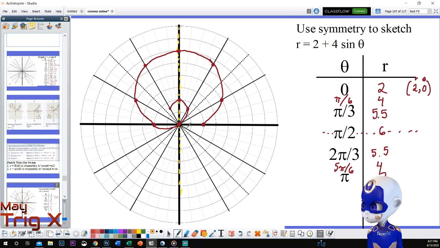Next we would be here at 11 pi over 6, but instead it says 0. So I'm going to put it out here at the 0, connect the dots. Boop. And finally at 2 pi, which is 6.28, you should see the number 2 next to that. So 1, 2 would be 2 pi, oh, right there in that exact same spot. So then we connect those dots and we got this.